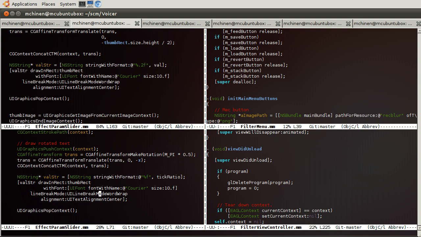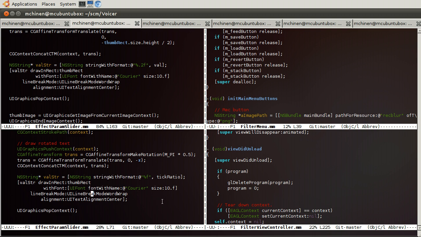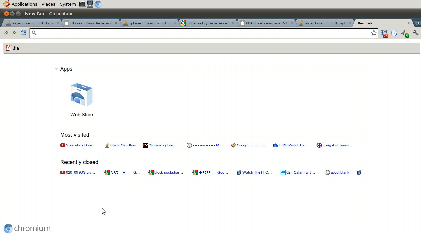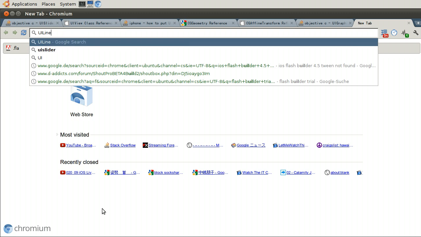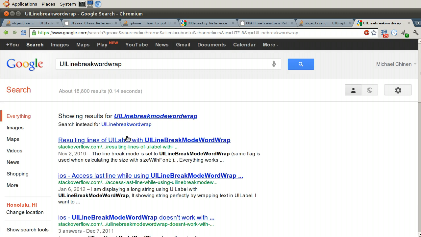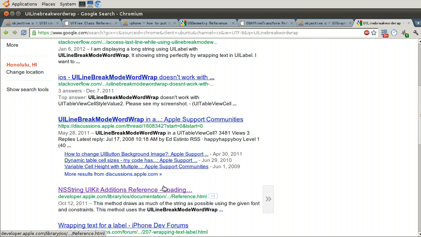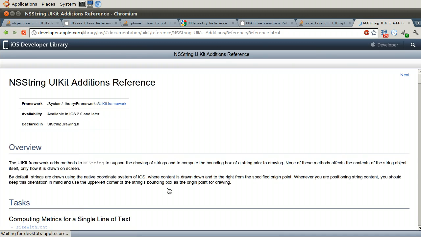So this word wrap thing is no good. Let's go find something better than that. UI line break word wrap. Alright, it should be here.